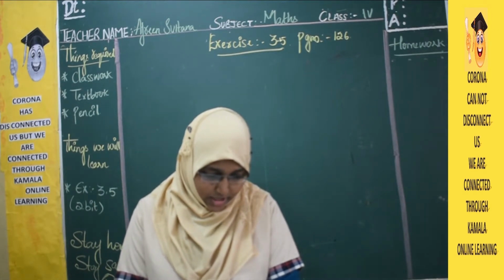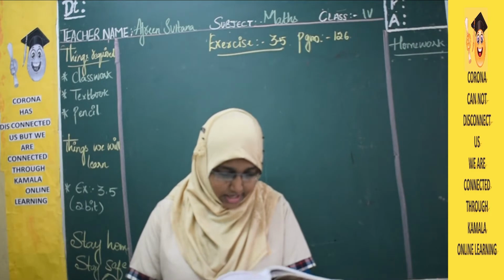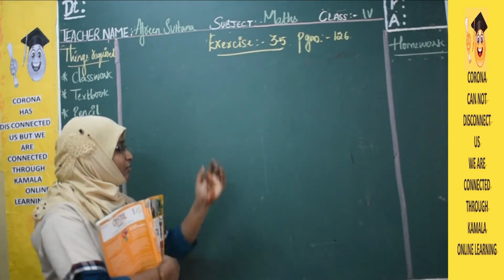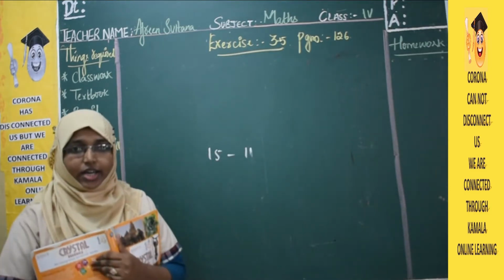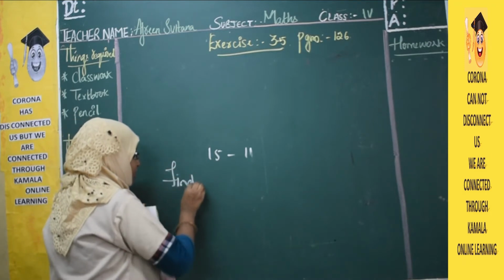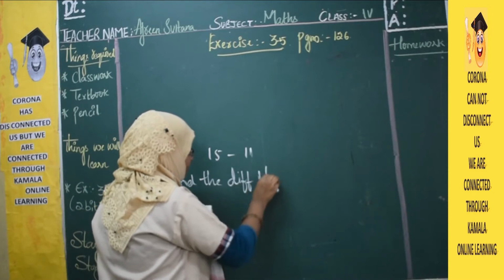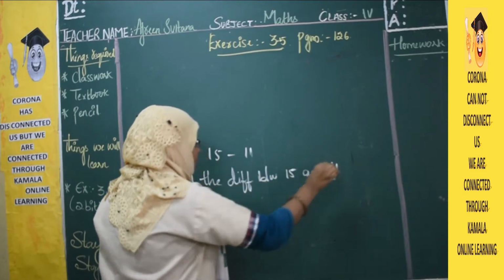Find the difference between 56,435 and 8,76,540. See, directly beforehand they have given the numbers, like supposedly 15 minus 11. But here, instead of giving that, they have given the question in the form, find the difference between 15 and 11.